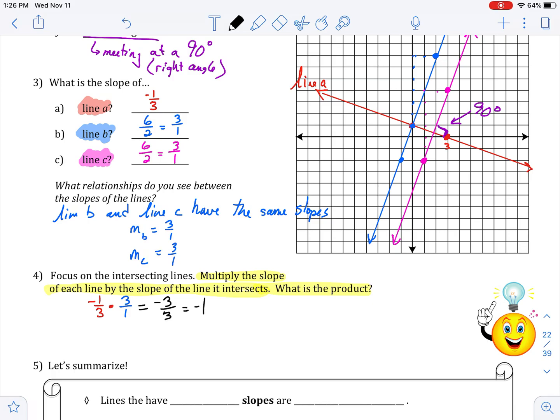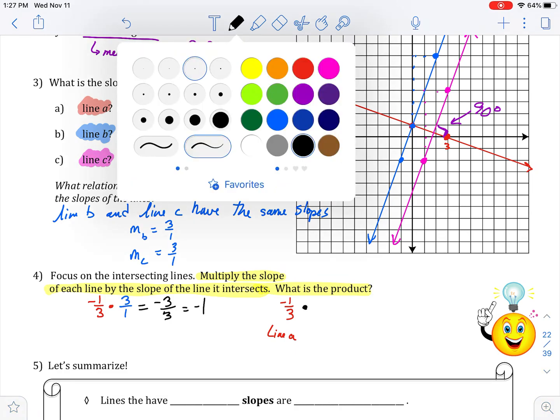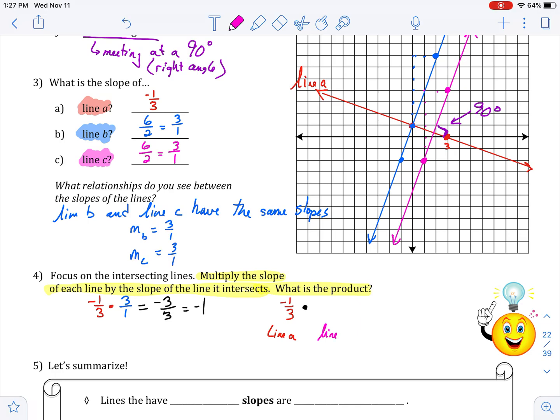Now we're going to consider the other lines that intersect. So this is talking about line A being multiplied by the slope from line C. When we multiply this out, we get negative 3 divided by 3, which is again negative 1.